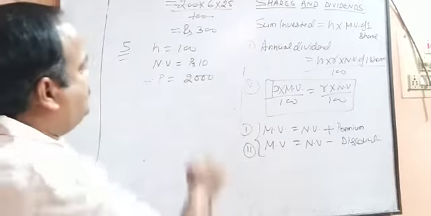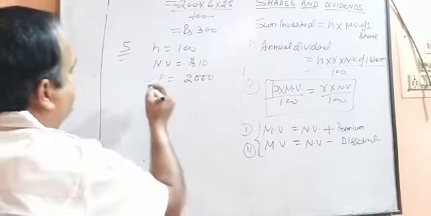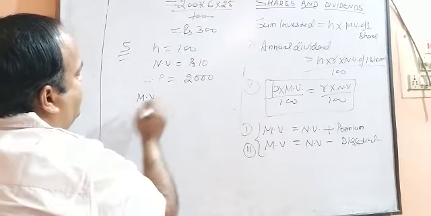So N is 10. In brackets we have the nominal value of 1 share, costing rupees 2,000. So when we divide 2,000 by the number of shares, we will get the market value.